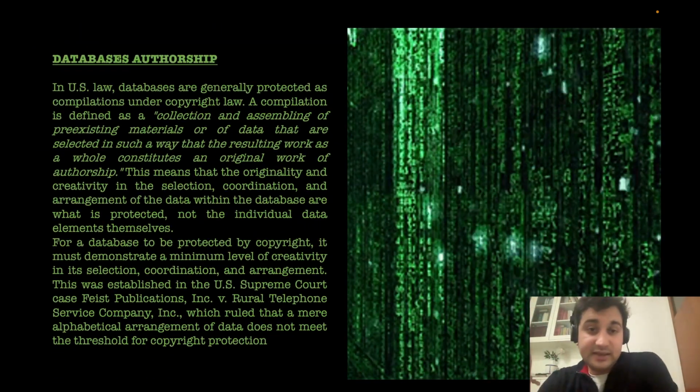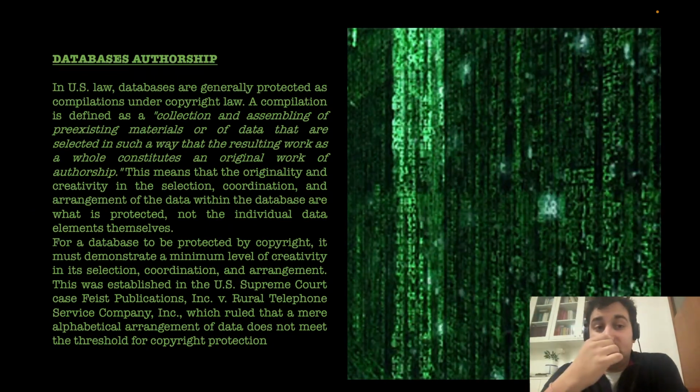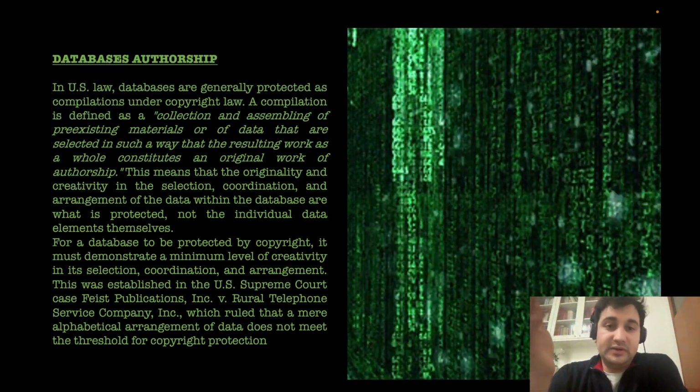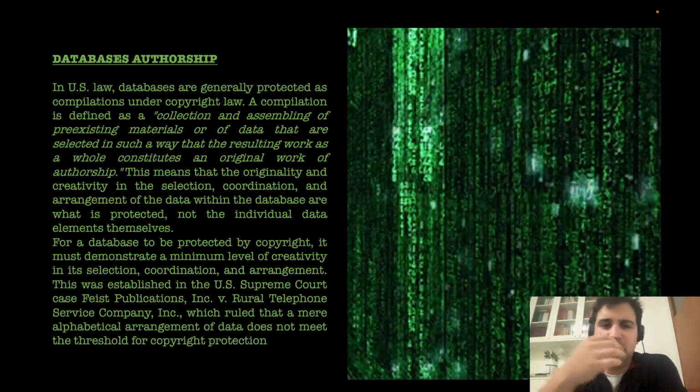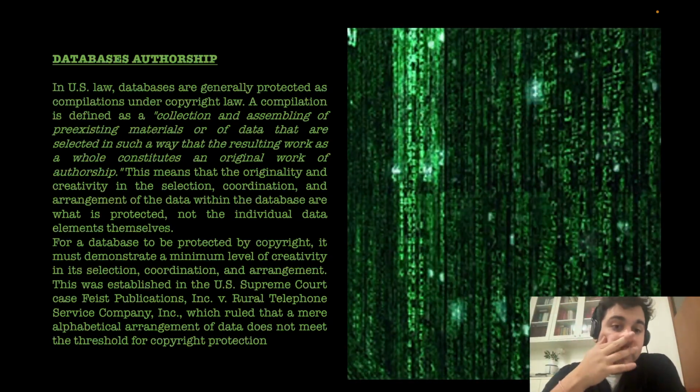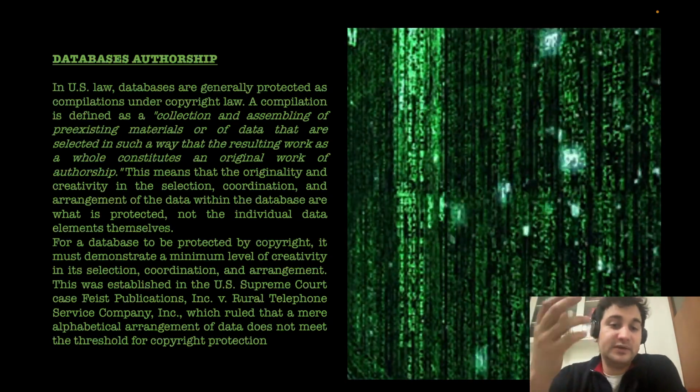In the US, instead, databases are generally protected as compilations under copyright law. A compilation is defined as a collection and assembly of pre-existing material or of data that is selected in such a way that the resulting work as a whole constitutes an original work of authorship.